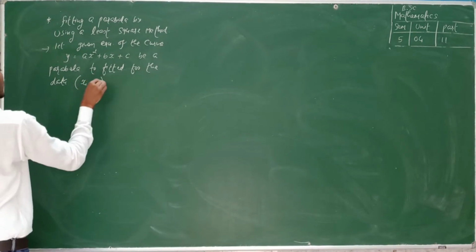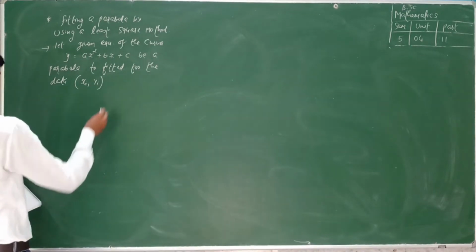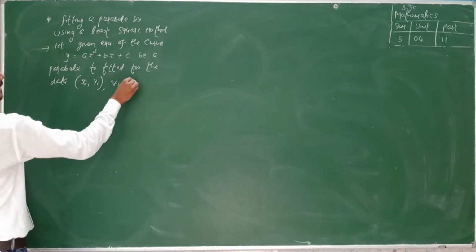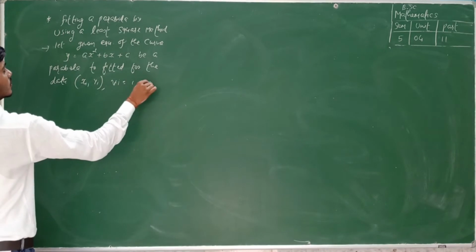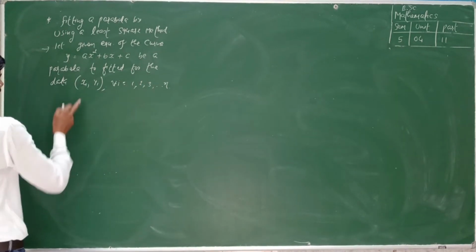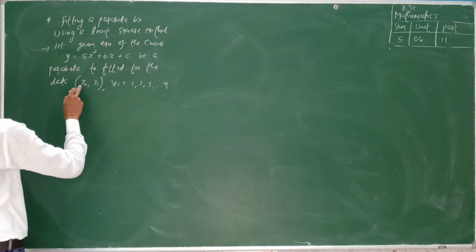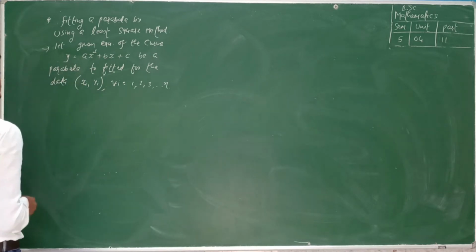xi and yi, the corresponding values x1, y1, x2, y2, where i = 1, 2, 3 up to n. So a set of n observations. This curve is fitted for the set of n observations (x1, y1), (x2, y2) up to (xn, yn).